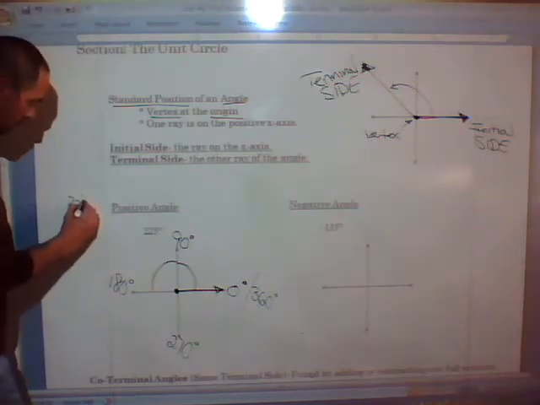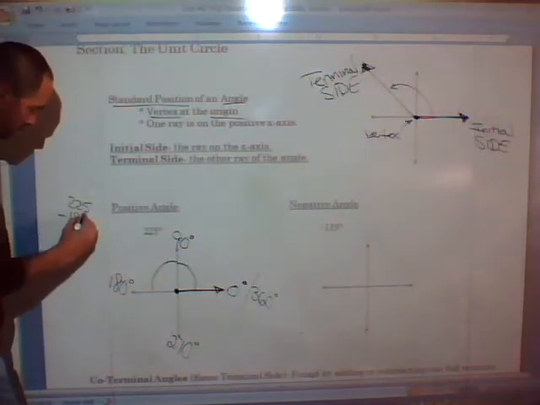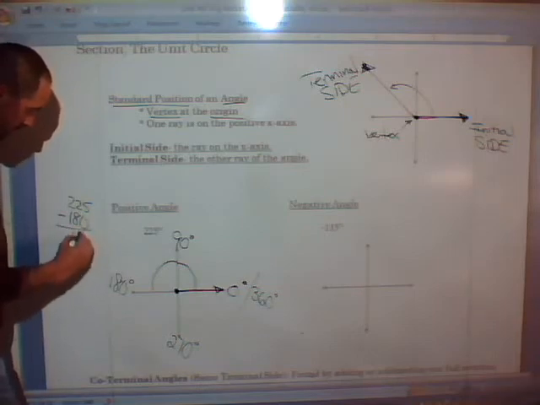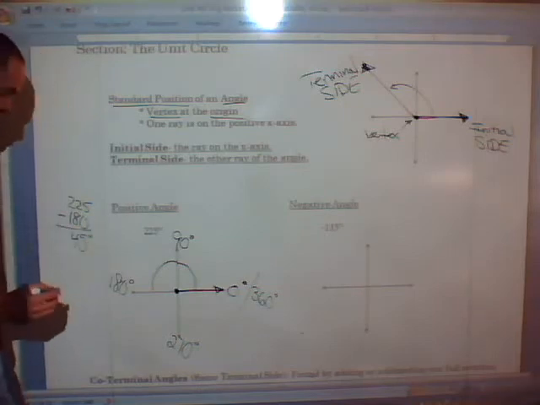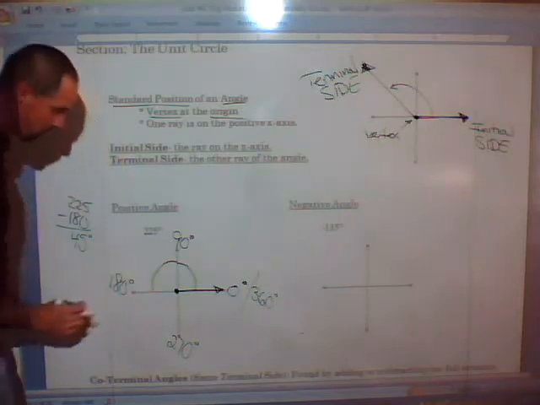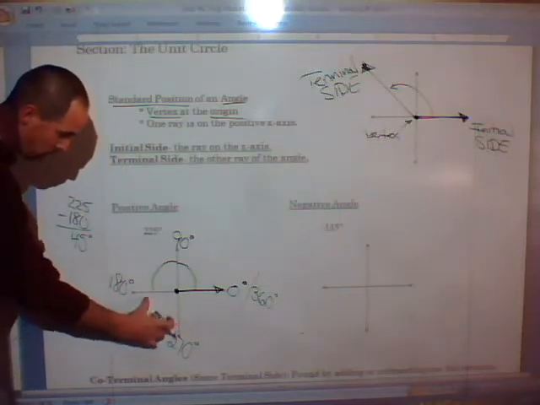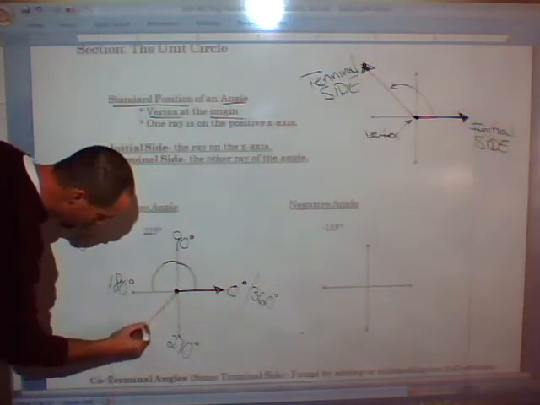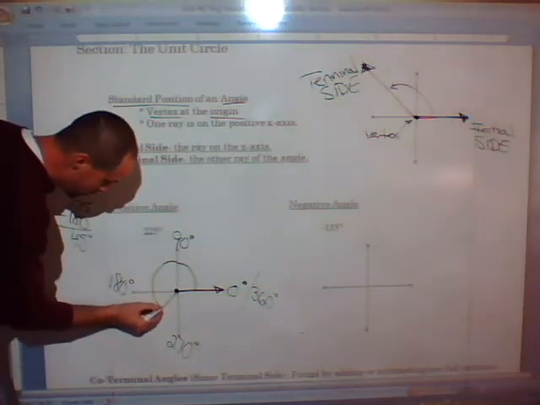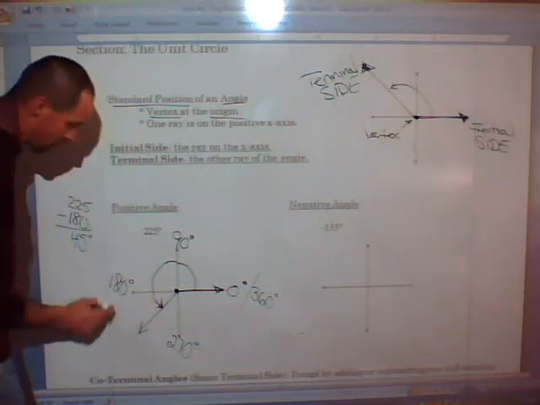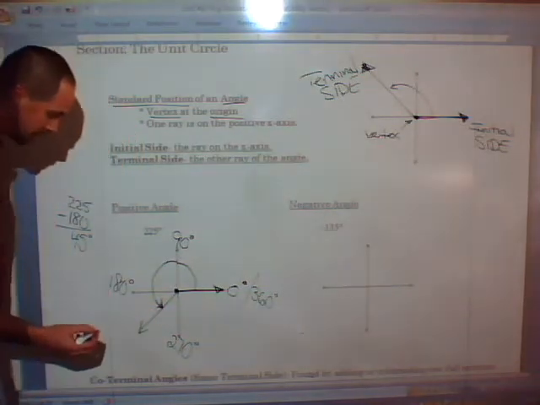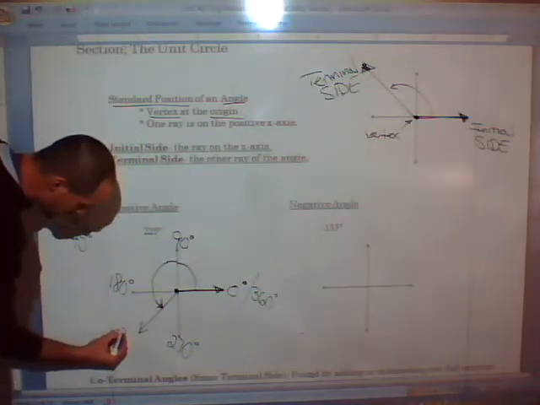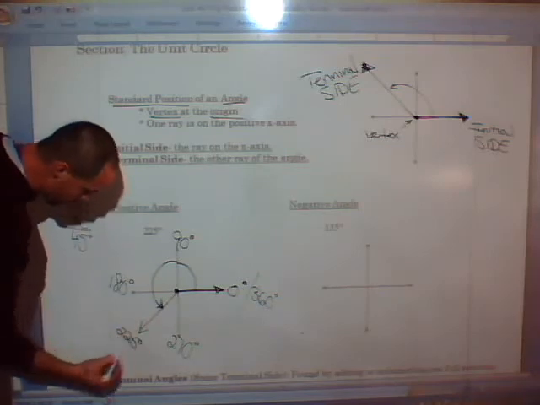If we take the 225 and subtract off the 180, we find out that that is 45 degrees. Well, we need to go 45 more degrees. This is a full 90, so 45 has got to be in the middle of that. So our terminal side is exactly in the middle of 180 and 270. So here is our terminal side of 225 degrees.